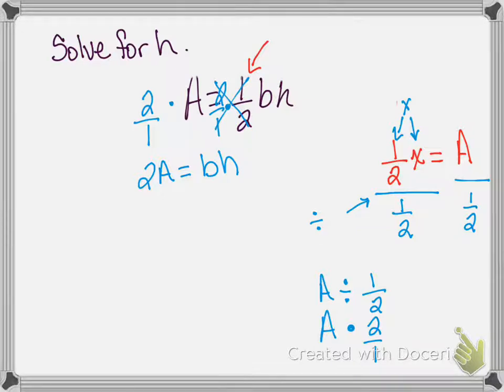Now, I'm solving for h. So what do I need to divide both sides by? B. Okay? So 2a over b equals h.